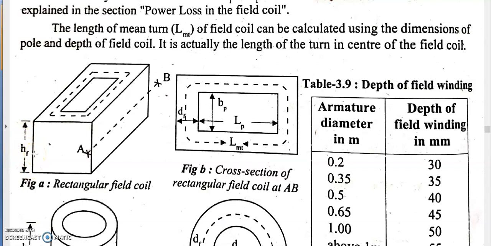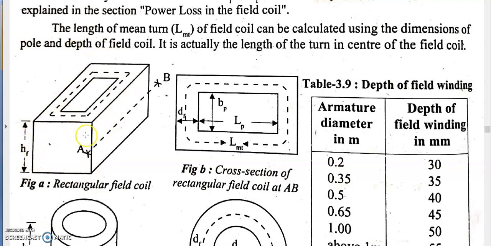Actually we will be deriving two equations with two unknown variables, HF and TF. HF is the height of the field winding, TF is the total number of turns in the field winding. So we will get two equations with these two unknown parameters, HF and TF. One is based upon the heat dissipation surface and conductor area.